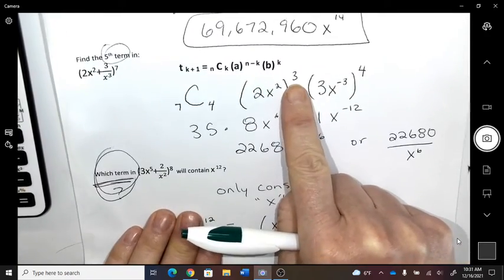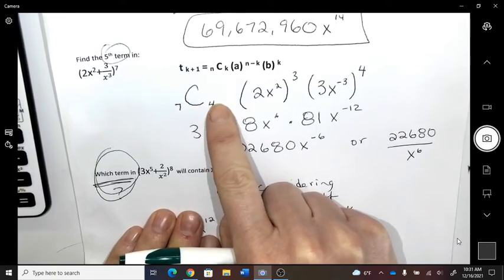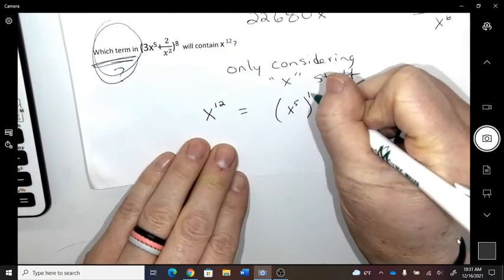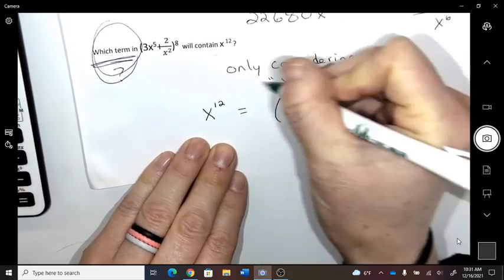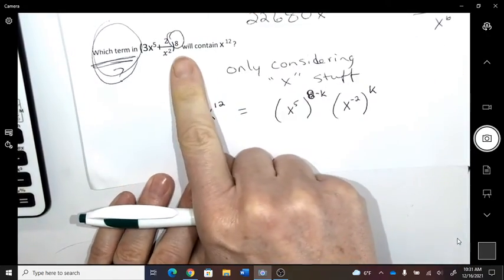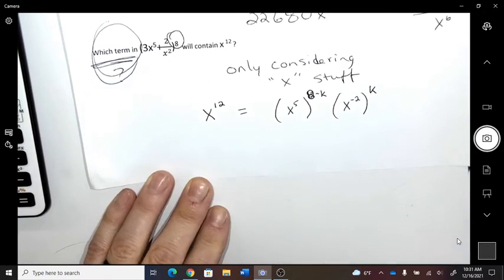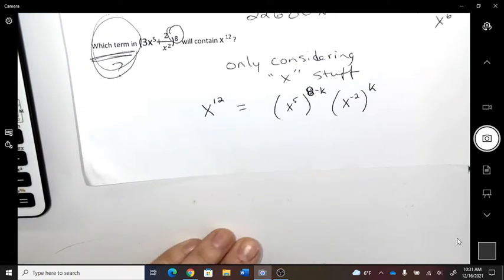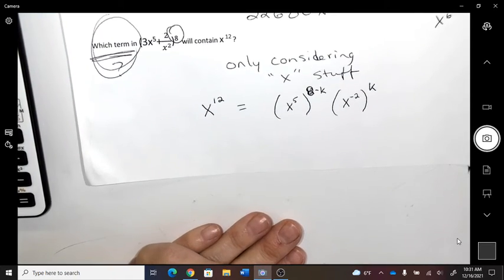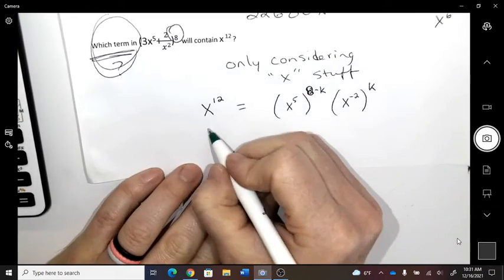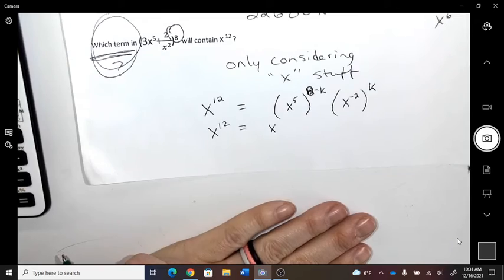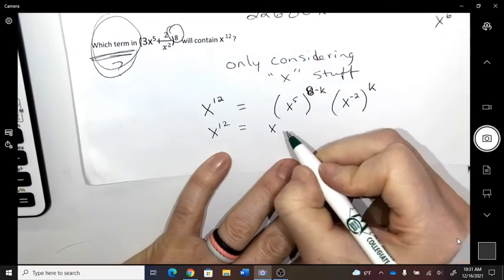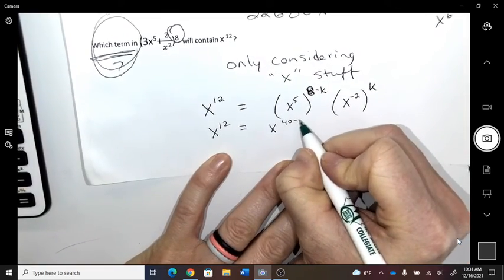What did we do to get this one? Subtracted. Oops, not 12, 8. 8, right? That's where I'm getting that from, 8. Okay, so x to the 12 equals x to the, how do you do that one? 40 minus 5k.